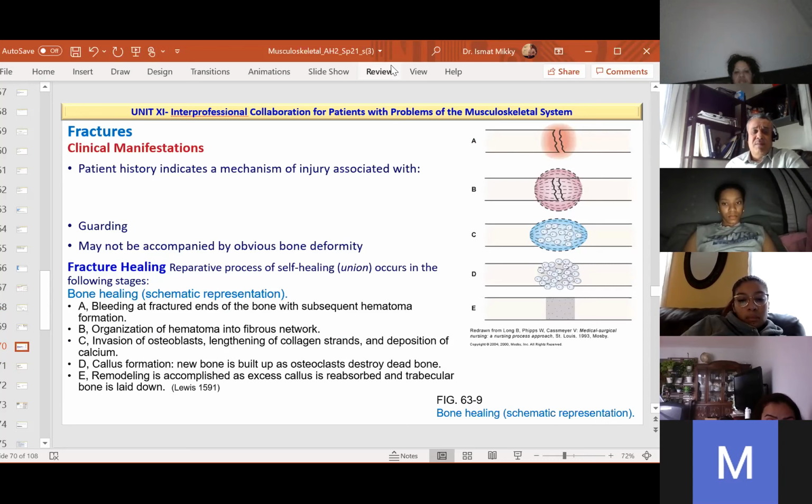Localized pain, decreased function of the affected extremity or joint, the fractured one, and then the patient will exhibit inability to bear weight or to use that fractured part, in addition to guarding from pain.